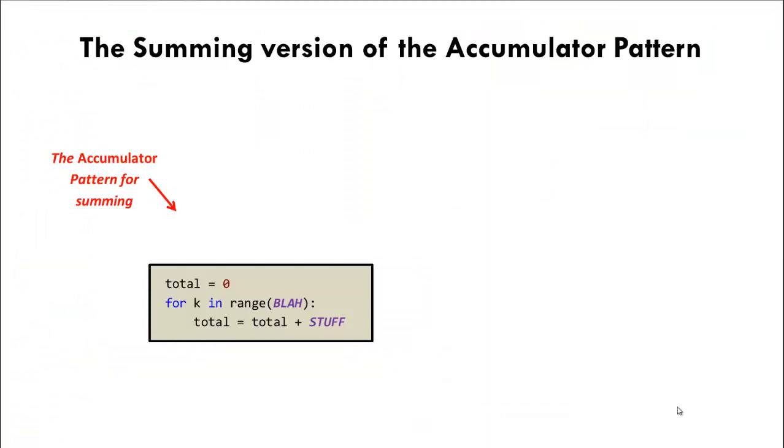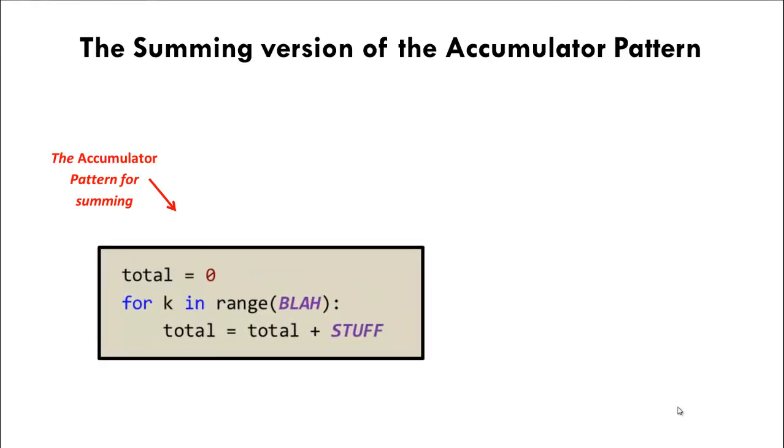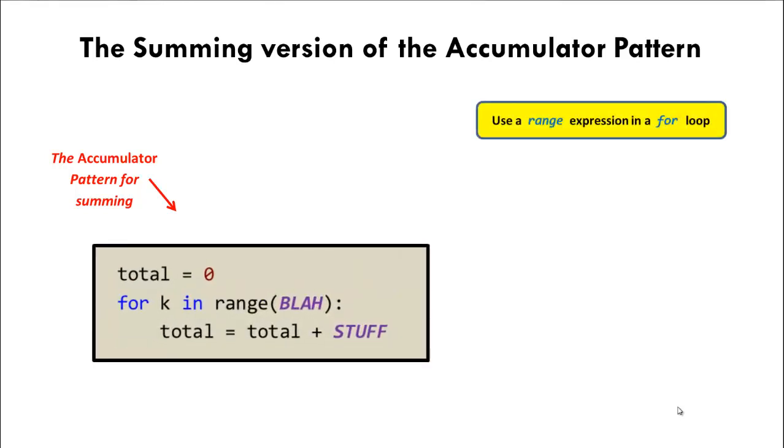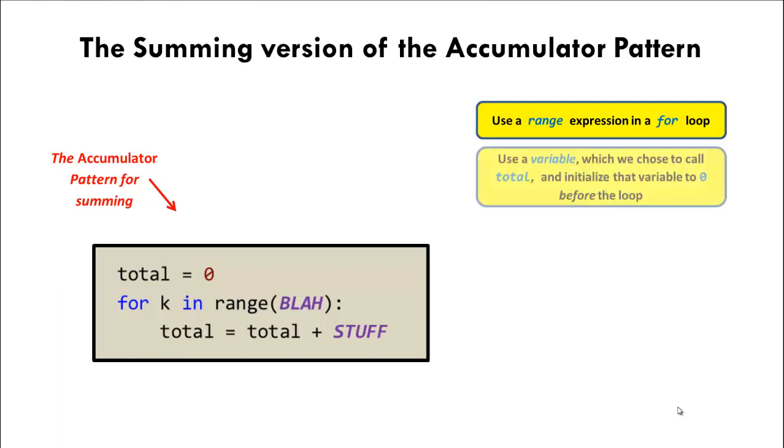To summarize, the accumulator pattern for summing has 3 key features. First, we use a range expression in a for statement to make a loop run the number of times that the problem requires. Second, we initialize a variable called, say, total to 0 before the loop.